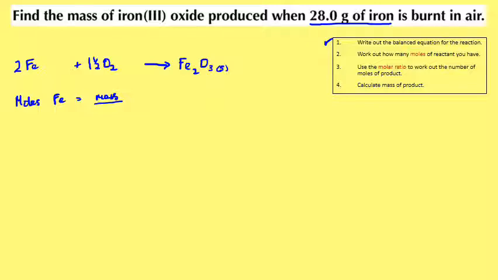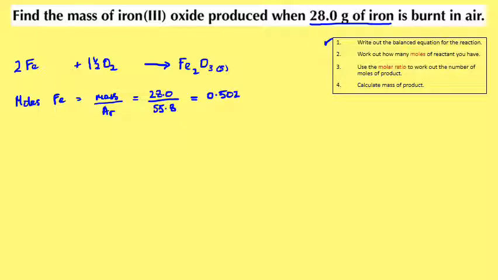Now I wrote mR before for a compound, but because iron is an element, we can write AR. Okay, so mass over AR gives us the number of moles, and we're told that we've got 28.0 grams, and the AR of iron you can get from your periodic table, and you will find that that is 55.8. So if you punch that into a calculator, that leaves moles of iron as 0.502.